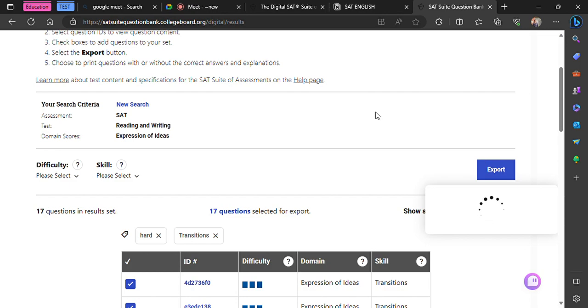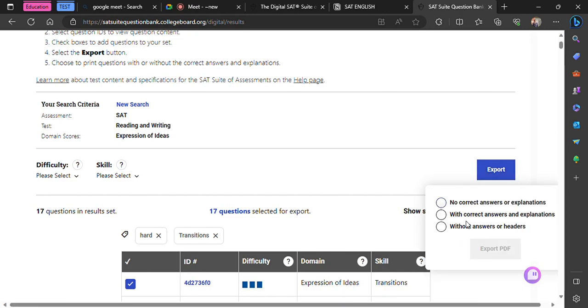Within this specific website you can select the questions you want and export them as a PDF.